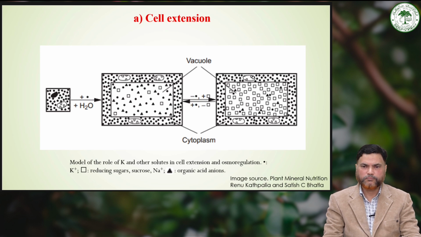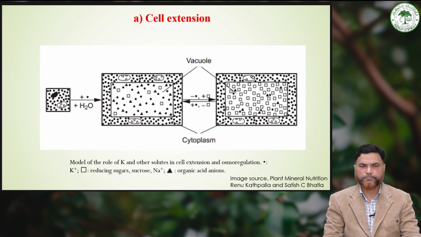So, in most cases cell extension happens due to potassium accumulation in the cells, and potassium is very necessary for stabilizing the pH in both the cell wall space, that is the apoplast, and the cytoplasm, as well as increasing the osmotic potential in the vacuoles.